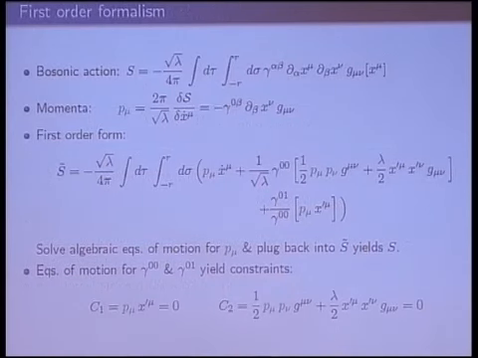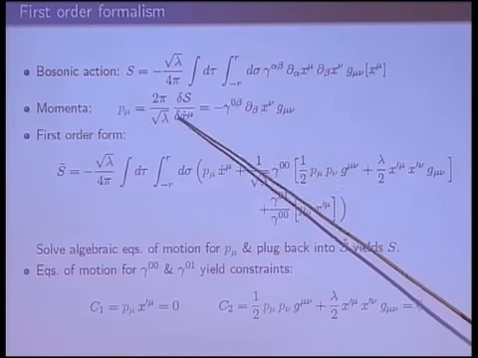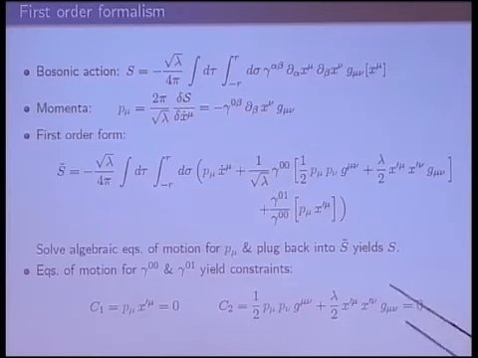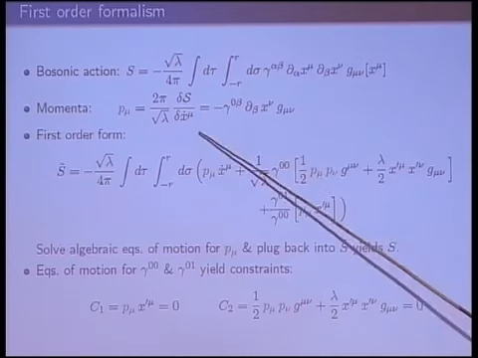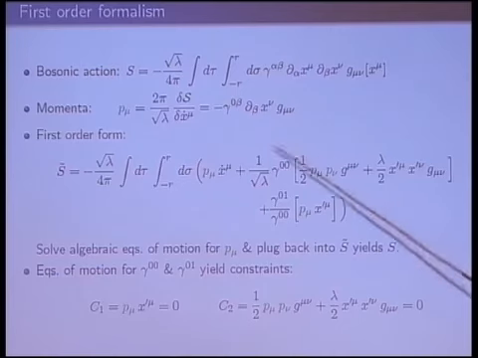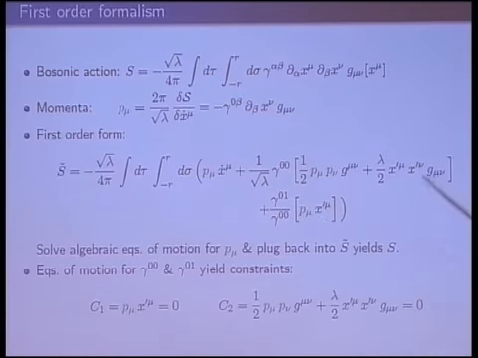And of course we have the fermions, but for the beginning let me suppress the fermions. So what I want to do now is rewrite this action, here it is again, in a first order formalism. So I first compute its momenta. There's a little tricky definition of square root of lambda here, which is not necessarily standard. And then you can rewrite the action in the first order form depending on p and x dot, depending on x dot only linearly in this manner.